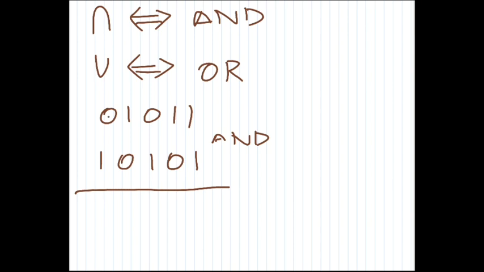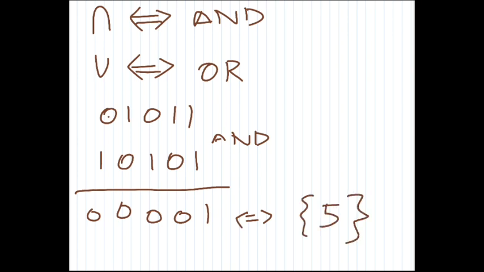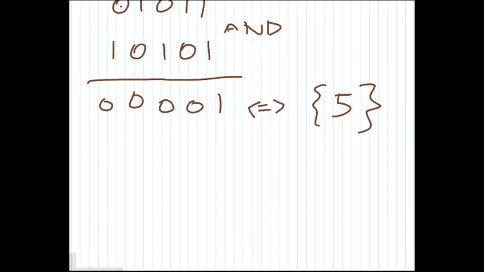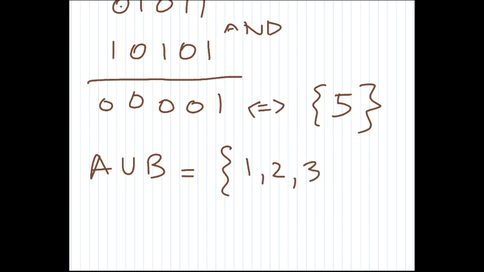So 0 and 1 is 0, 1 and 0 is 0, similarly 0, 0, and 1 and 1 is 1. So this corresponds to a set which only has the element 5 in it, so this gives us the corresponding intersection. Similarly, we can take A union B, which will be equal to 1 2 3 4 and 5.